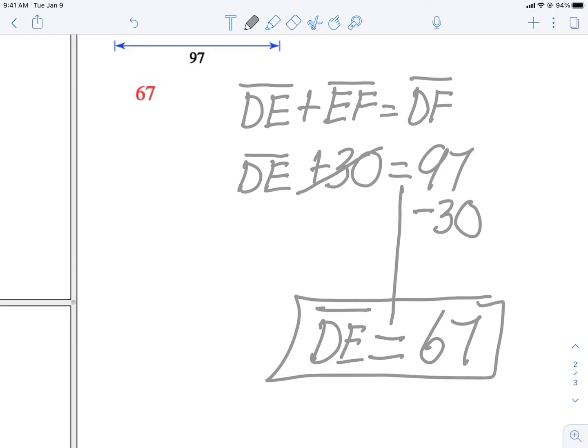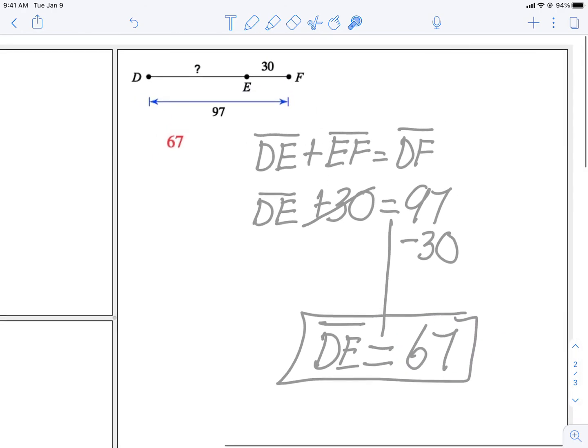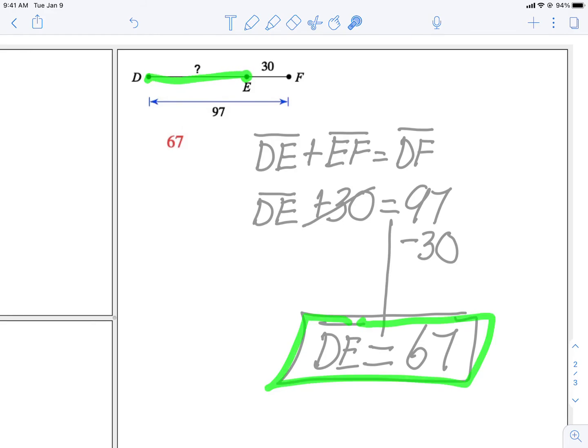And that's perfect because this matches that. So DE is equal to 67. From D to E is equal to 67. And that makes sense, right? Because 67 plus 30 is equal to 97. There you go.